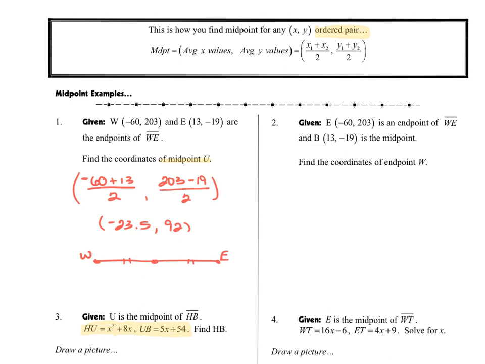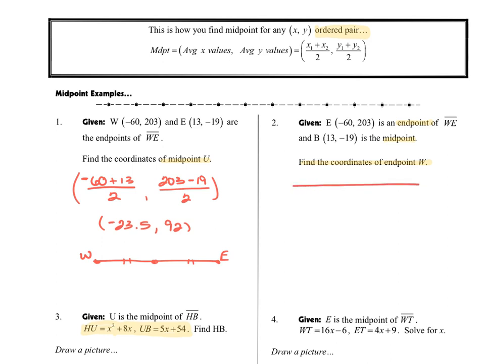That's important to understand because on our next example, instead of being given 2 endpoints, we're going to be given an endpoint and a midpoint and asked to find the other endpoint. Now, I've intentionally made these numbers kind of big and cumbersome so that you can't just count it out. I want us to visualize what's happening here.